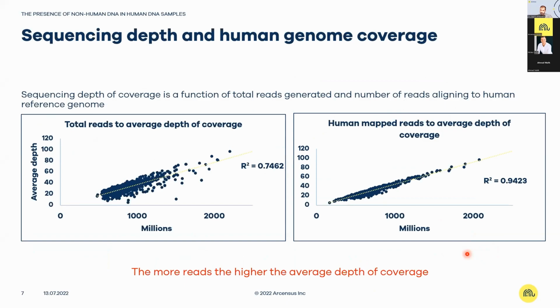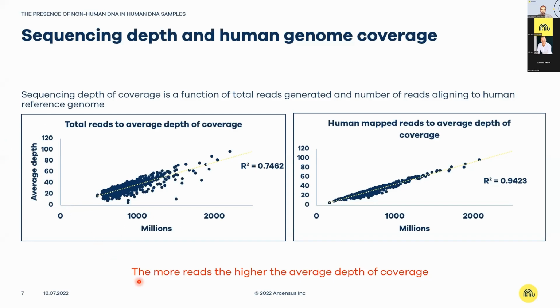So just to give you an idea how this would look like, when you do whole genome sequencing data, you end up with roughly, let's say, 500 million reads. So you obtain 500 million reads for a single sample. And you can see the more reads you have, which is depicted on the x-axis, the higher the depth of the coverage.